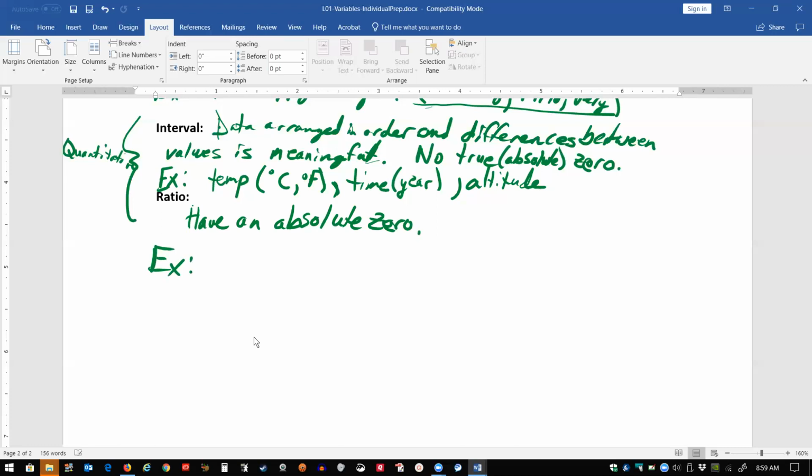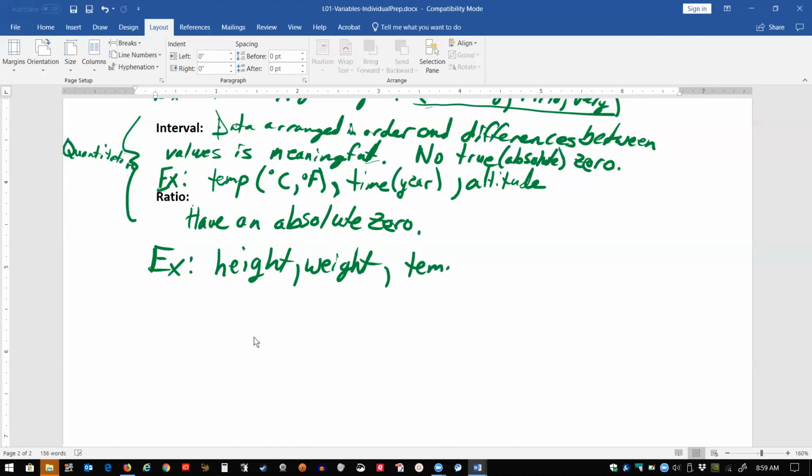Where 0 means you don't have any of it, right? So some of those that we've talked about, height is one of these. It's a ratio variable. You can't go lower than a height of 0. You're at a height of 0, that already means you pretty much don't exist, right? But 0 is as low as you can get. Same thing with weight. If you have a weight of 0, you're pretty much a ghost, okay? So height and weight are both ratio variables.